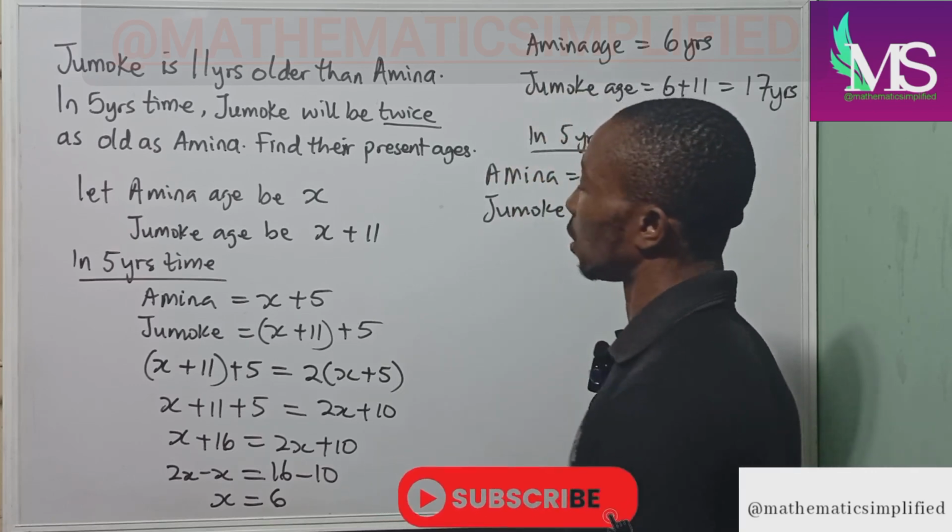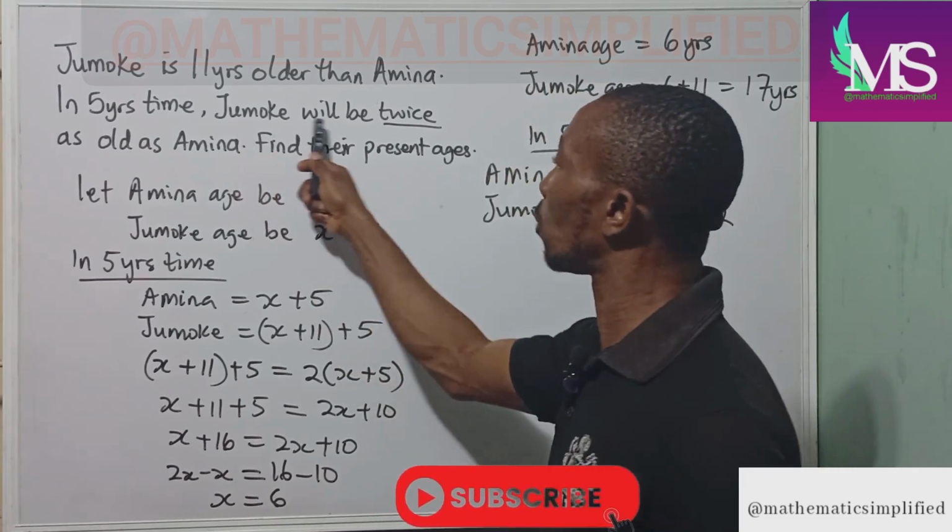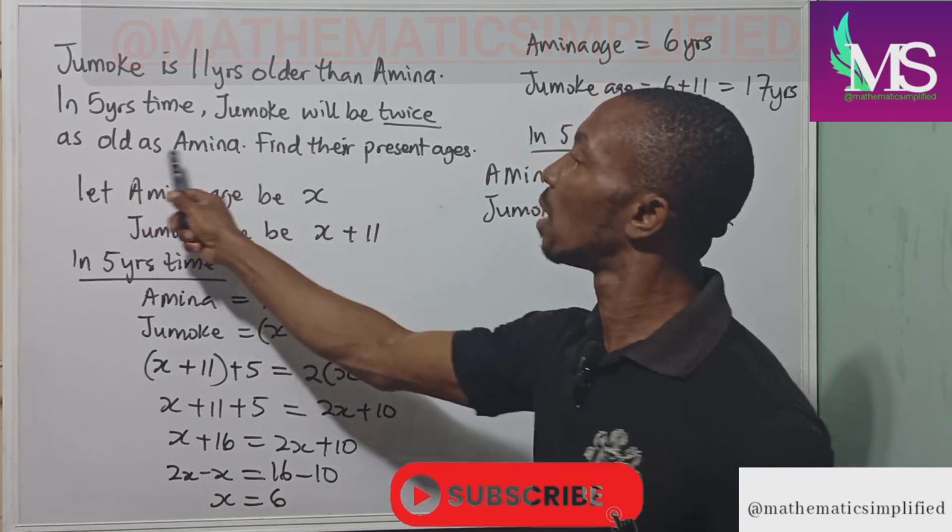So the statement is correct, which means that Jumoke will be twice as old as Amina.